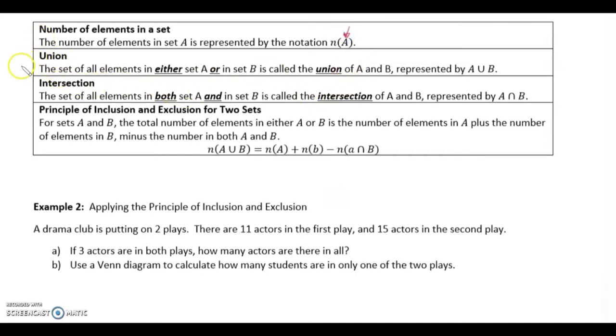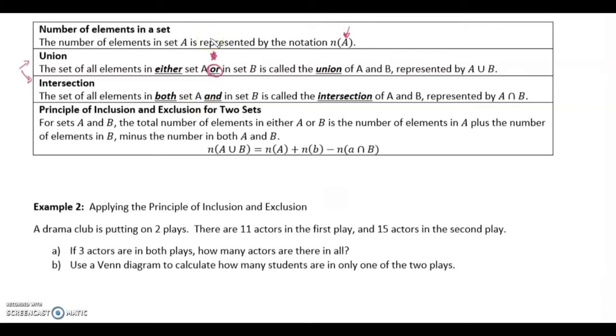Okay, and then we have union and intersection, and these guys go hand in hand. Okay, so the union is all the elements in either set A or set B. Okay, so this is an important word when we get to word problems, because if it says this set or this set, then it means one or the other, or both, or not both.